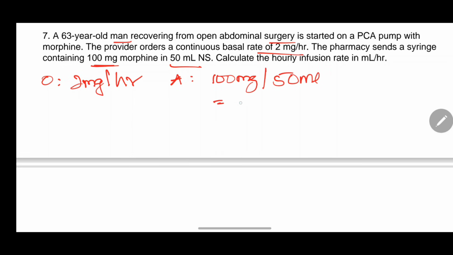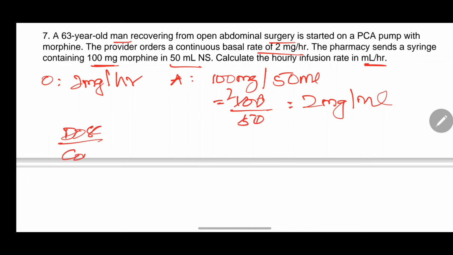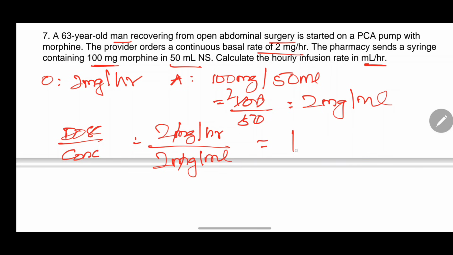So we can calculate it for 1 ml. 100 by 50 is 2 milligram per ml. Calculate the hourly infusion rate in ml per hour. So now let's put it into formula. Dose by concentration, it is 2 milligram per hour divided by 2 milligram per ml. So it is 1 ml per hour. So the answer is 1 ml per hour.